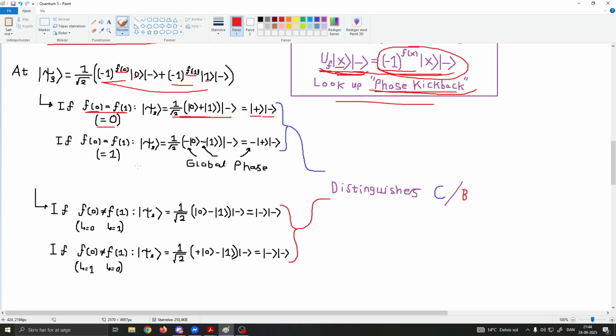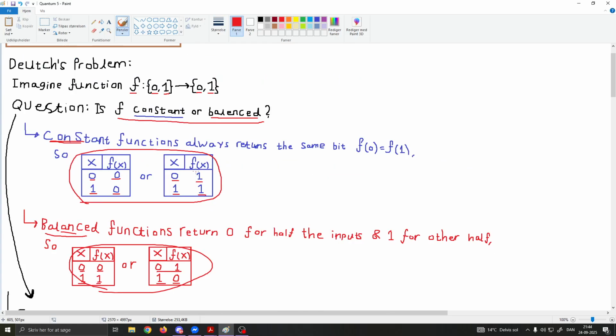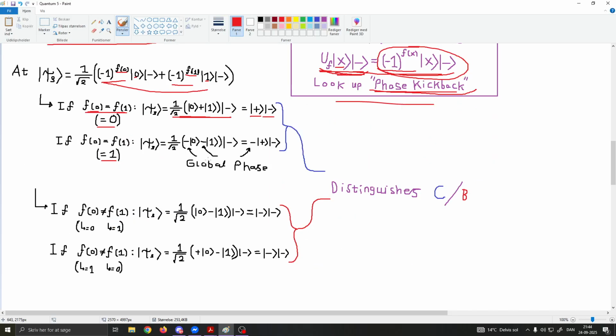But if they're equal to each other, and specifically they return 0, the form will be of this shape. Now, if instead the bit returns 1, meaning we're looking at this scenario instead of this scenario, there will be a negative sign in front of both terms. And this we can factor outside the equation like this.